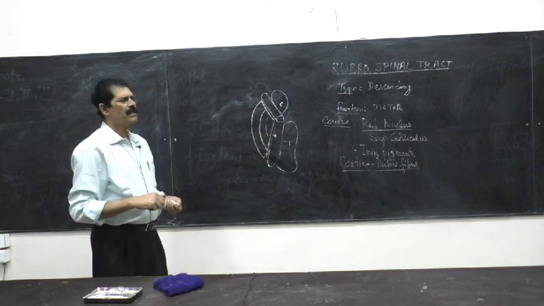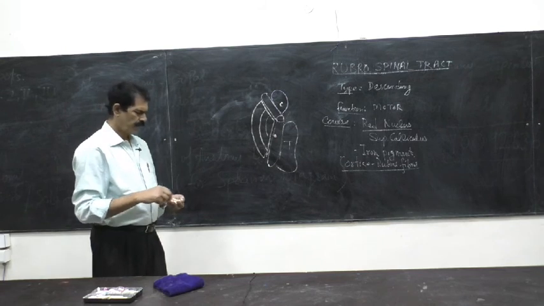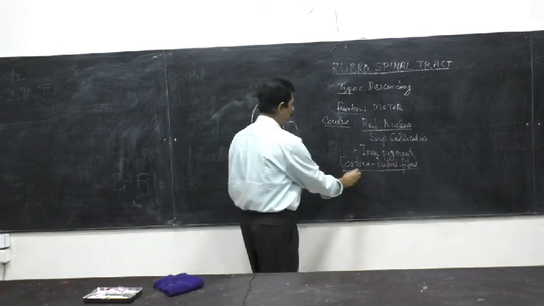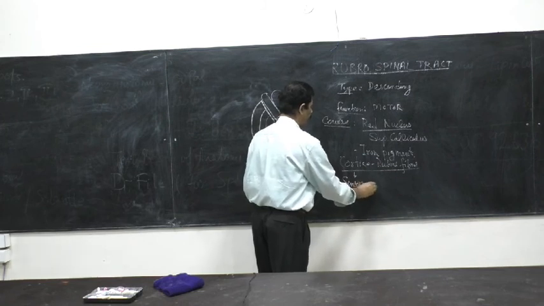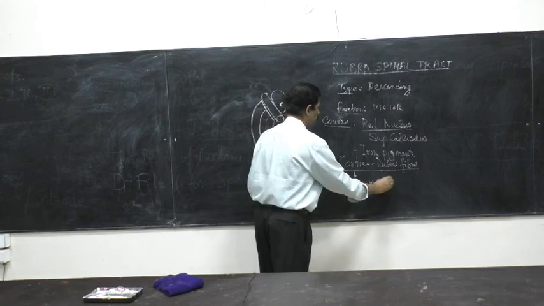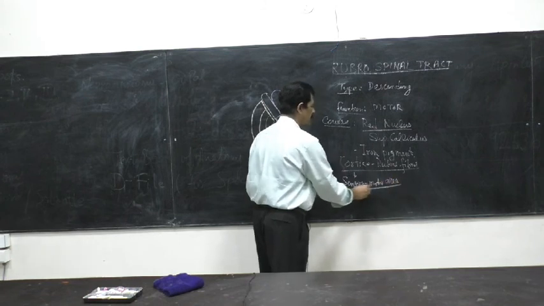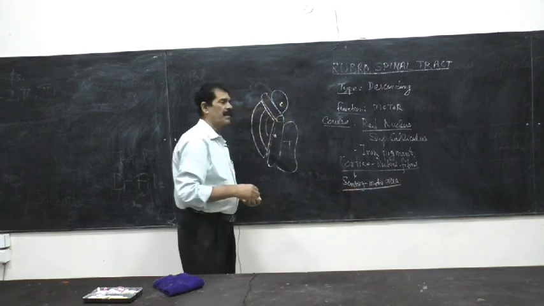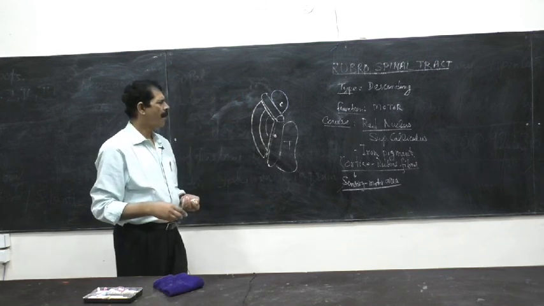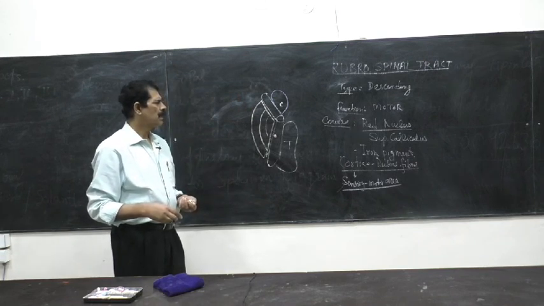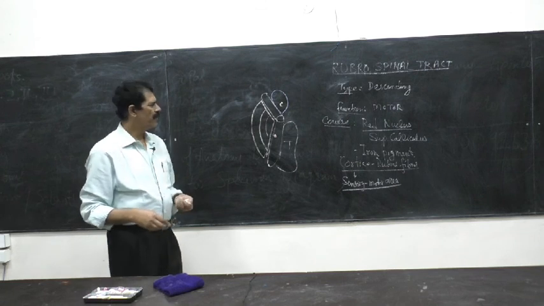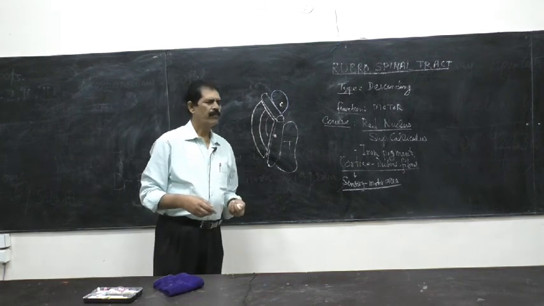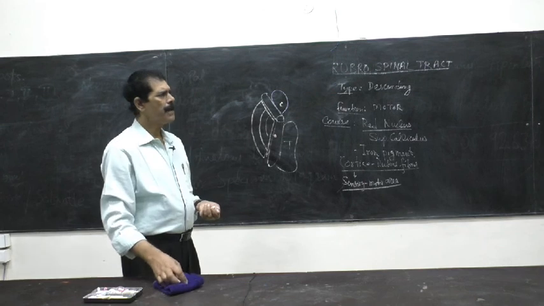So cortico means it starts from the cerebral cortex, from the sensory motor area of the cerebral cortex, and the fibers descend with the corona radiata and relay in the red nucleus, which is present below the thalamus, that is in the midbrain.